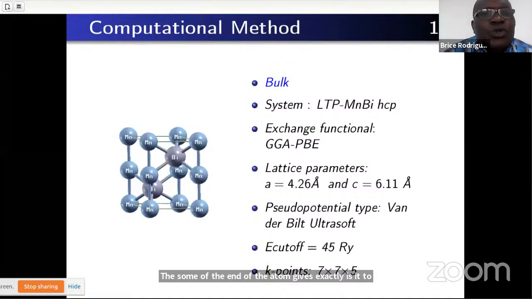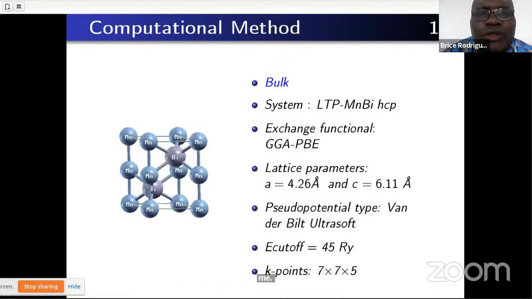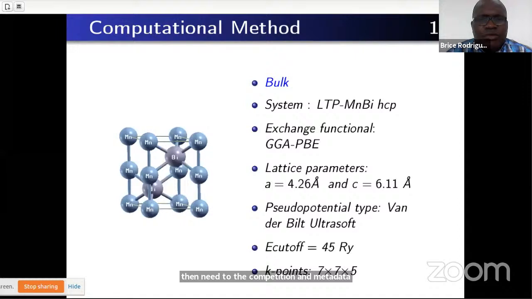Then we move to the computational method. So in the bulk system, manganese bismuth has a hexagonal compact structure. The exchange functional we use is the GGA PBE.